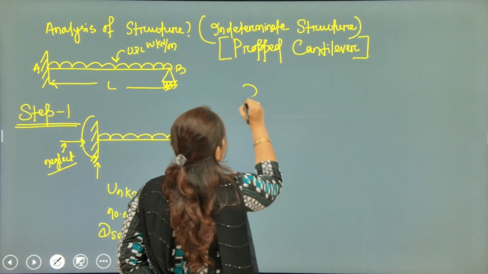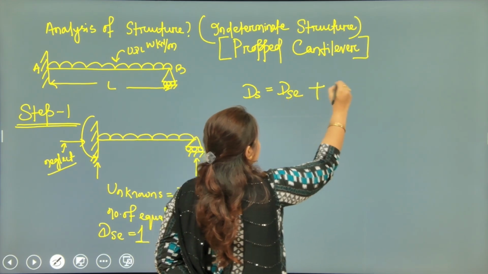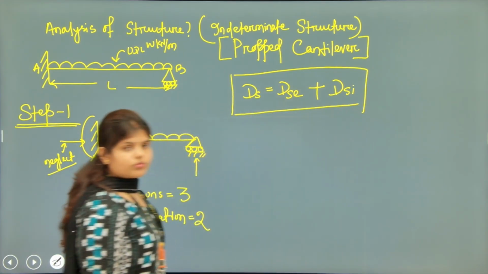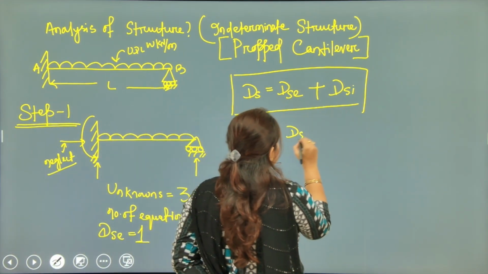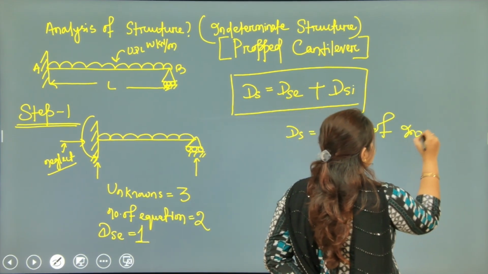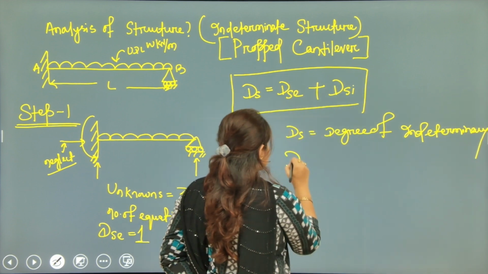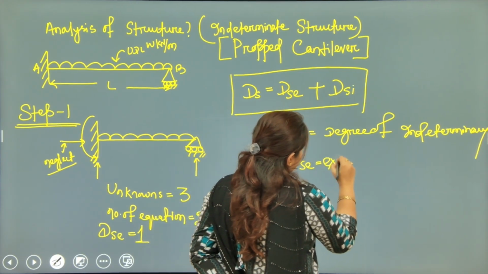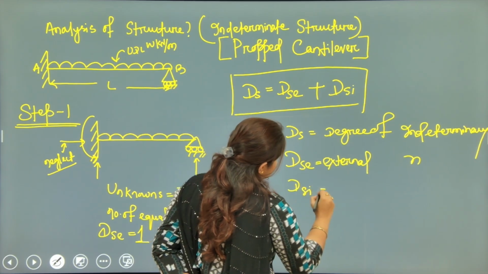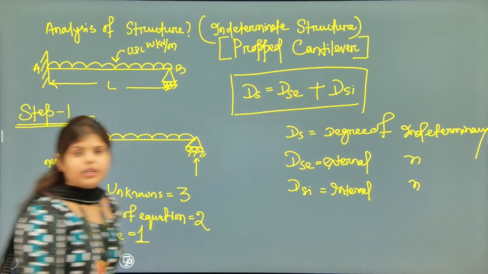But we know that DS, the degree of indeterminacy, is equal to DSE plus DSI. DSE is the external degree of indeterminacy and DSI is the internal degree of indeterminacy.